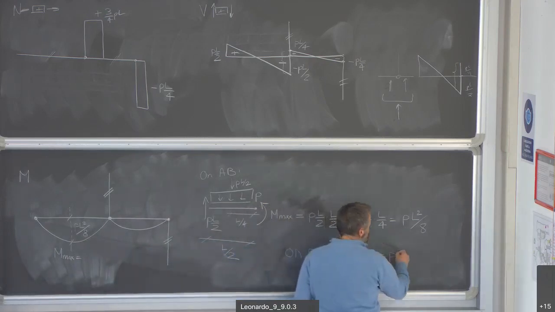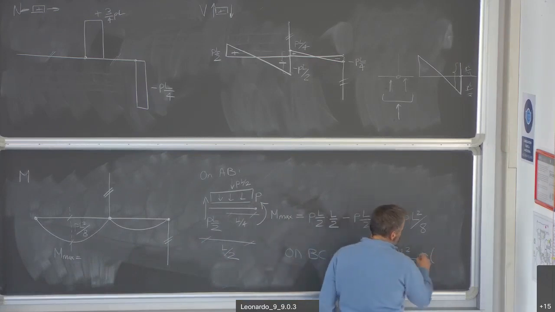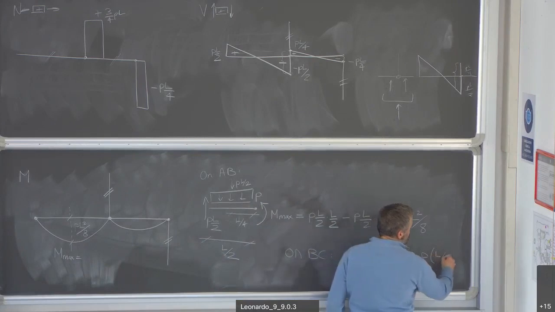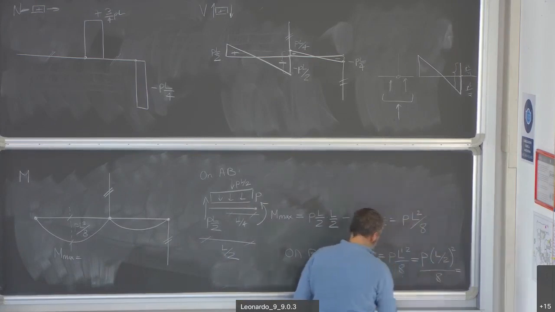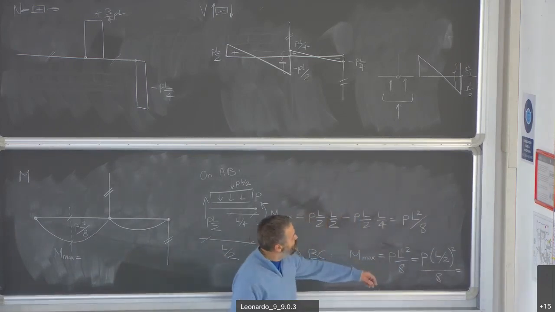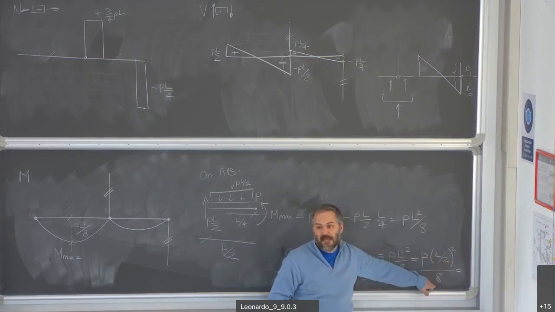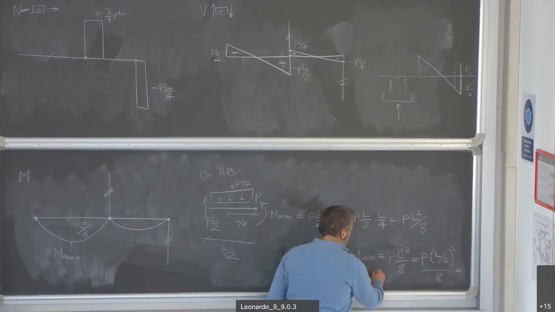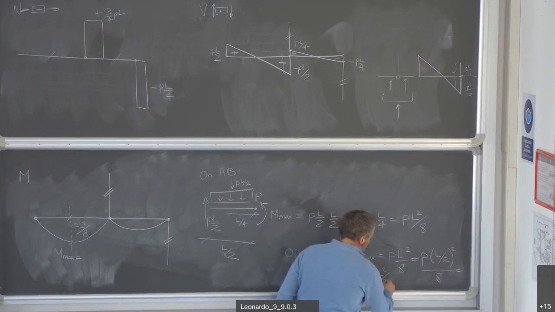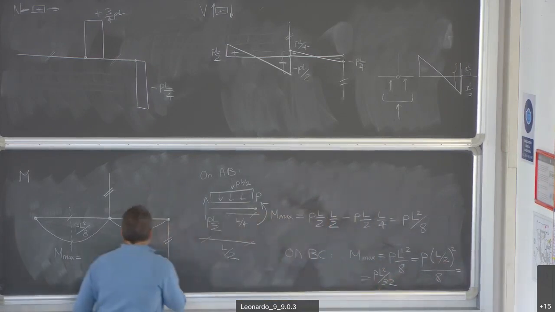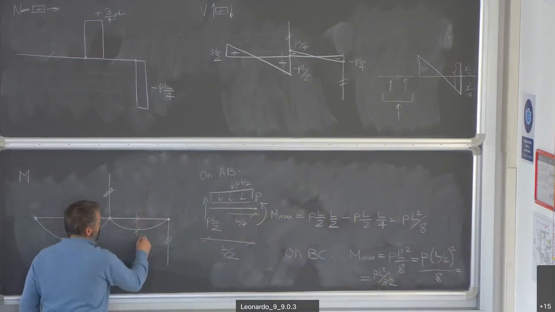Similarly to this, it would be PL prime to the power of 2 divided by 8. Then by replacing L prime with L divided by 2, to the power of 2, divided by 8. Summing up, it gives you PL squared. This becomes 4 multiplied by 8. It's 32. So PL squared divided by 32. This is the value.